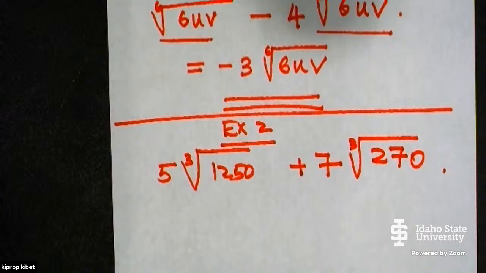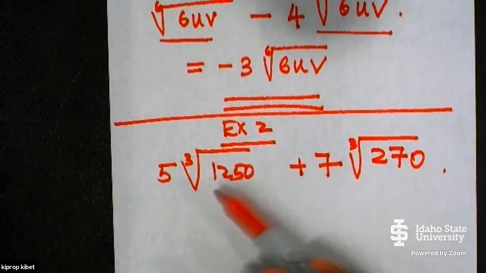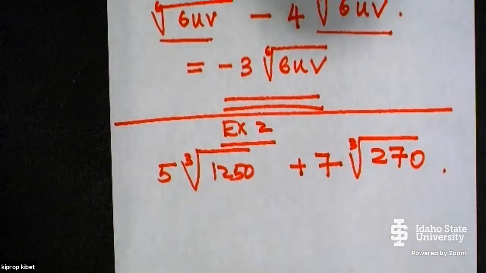So what do you do here? What you do is make sure that the radicals are alike. So we need to make sure we have like radicals. So how do we make them like?